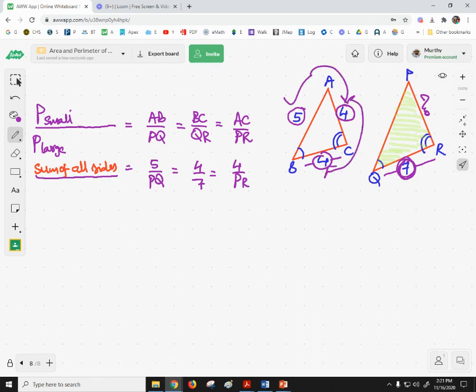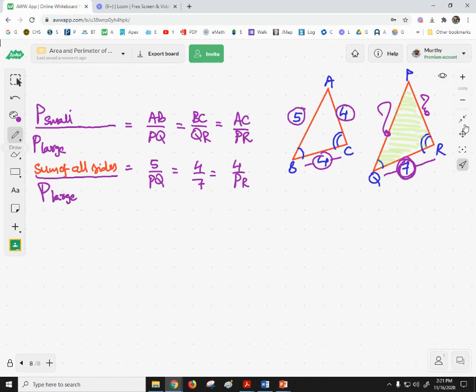So I know all three sides of the small triangle. Therefore, I can take that. But when it comes to the perimeter of the large triangle, I don't know, because I don't know the side of this one, and I don't know the value of this one. I know only one side, which is not sufficient. So let it be the perimeter of the large triangle.